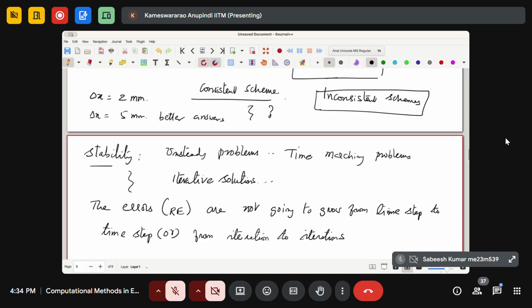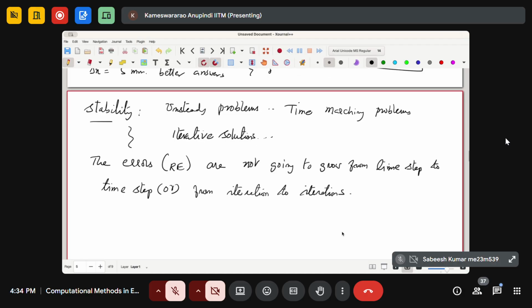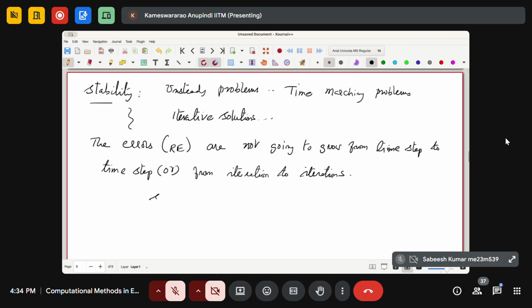The errors either will stay the same or decrease. Then only we can say that the particular scheme is stable.